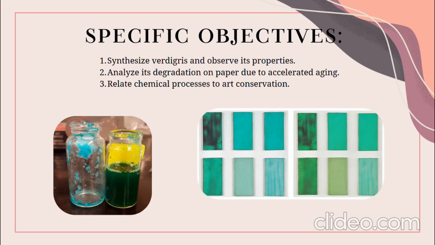Specific objectives. First, synthesize the verdigris pigment using simple chemical methods and analyze the physical and chemical properties based on composition and crystalline structure. Second, evaluate the effects of accelerated pigment degradation on an organic medium such as paper, relating visual changes to redox and acid hydrolysis processes.